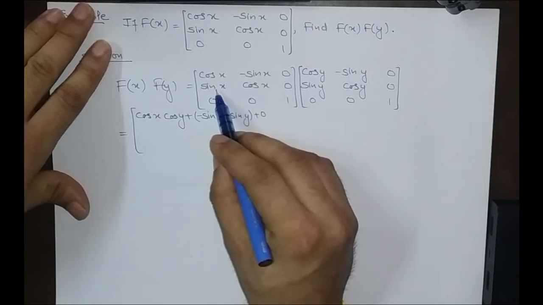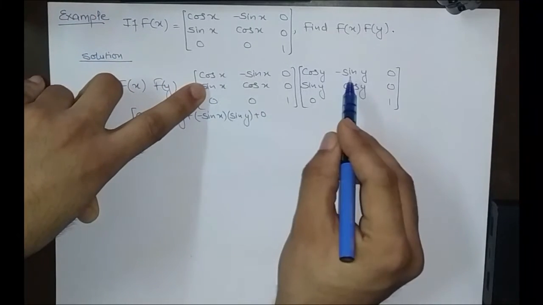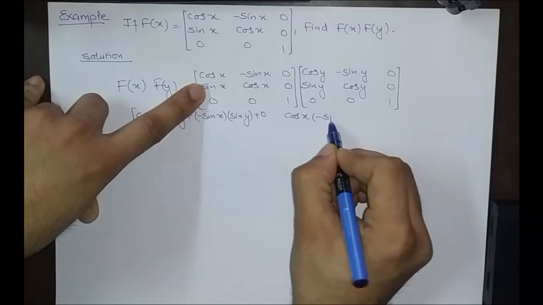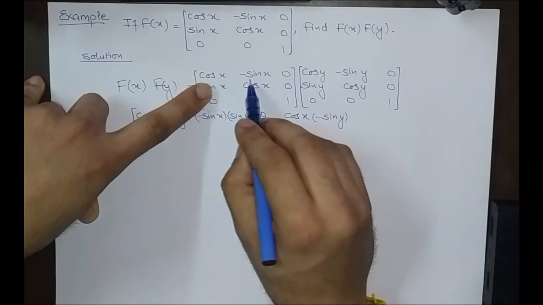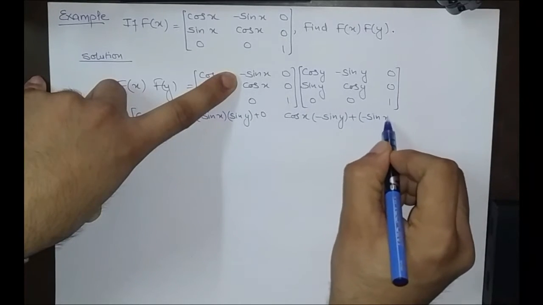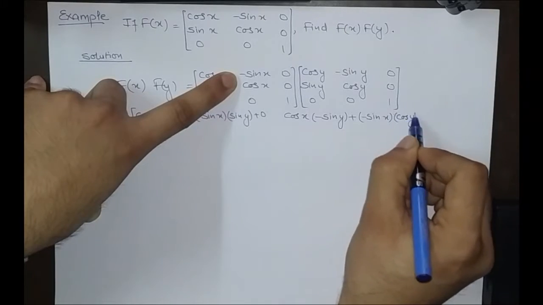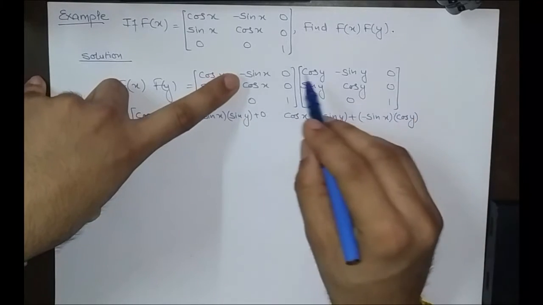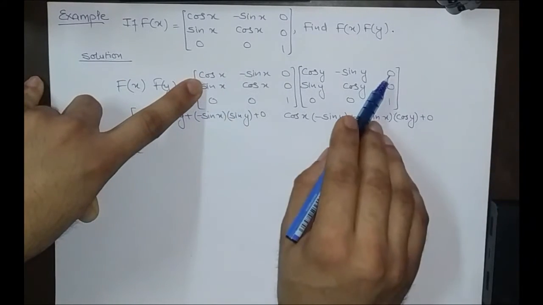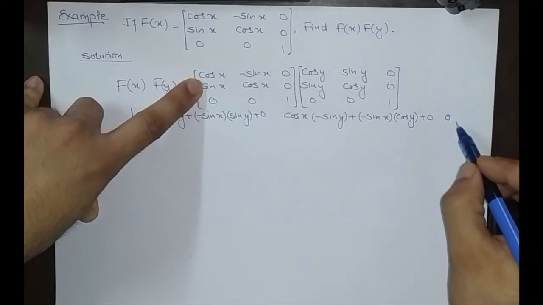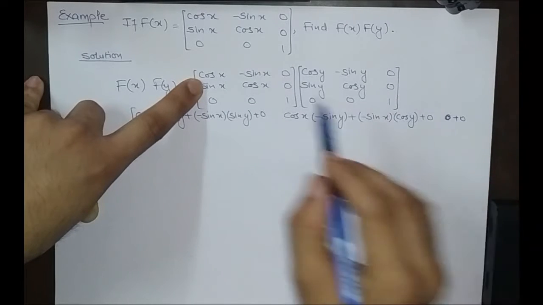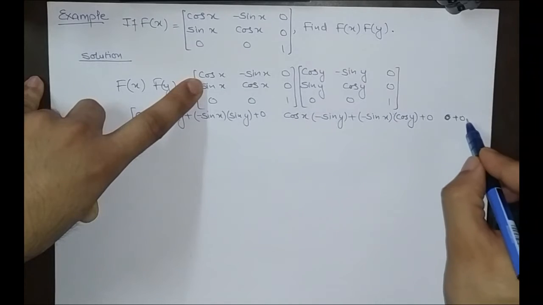Now sin x, cos x into minus sin y, this becomes cos x into minus sin y, minus sin x into cos y plus minus sin x into cos y, 0, 0 into 0, 0, cos x into 0, 0, minus sin x into 0, 0, 0 into 1, 0.